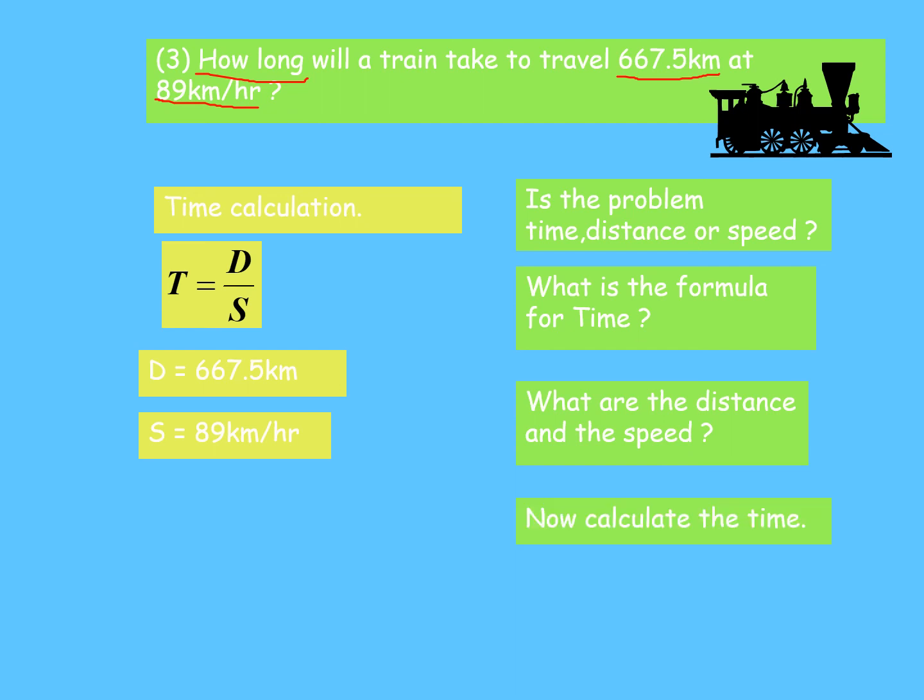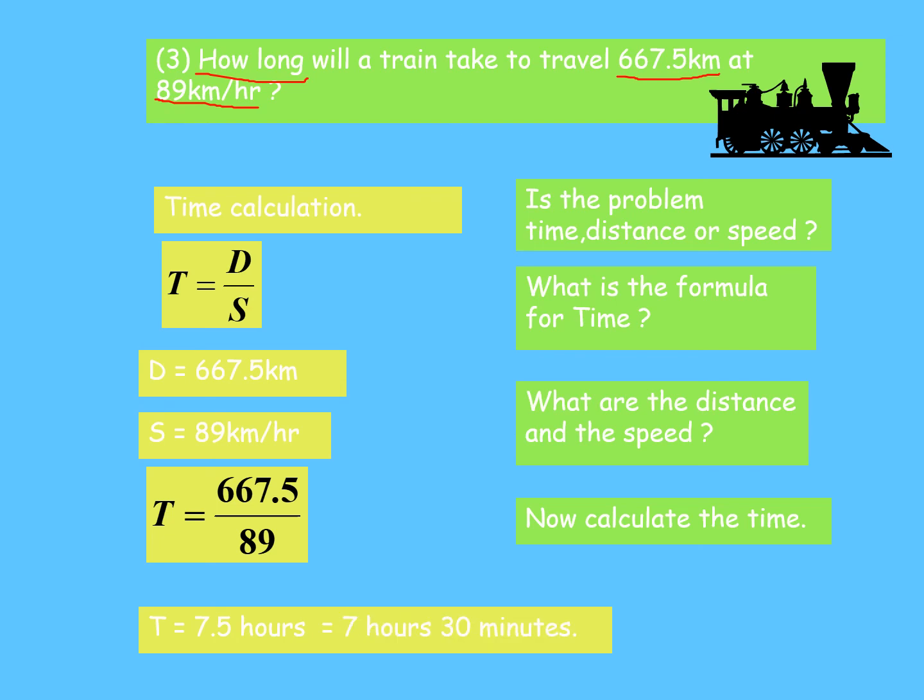And now calculate the time. Time is equivalent to 667.5 divided by 89. And the answer is 7.5 hours. Okay, 7.5 hours.